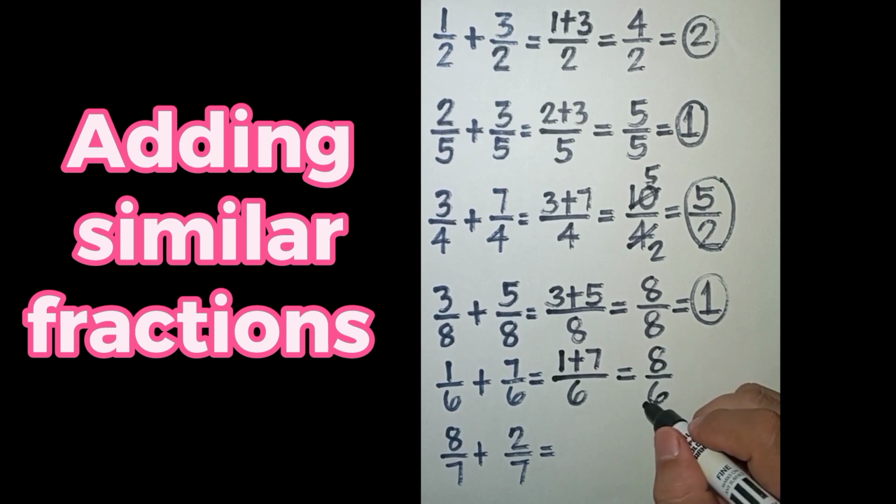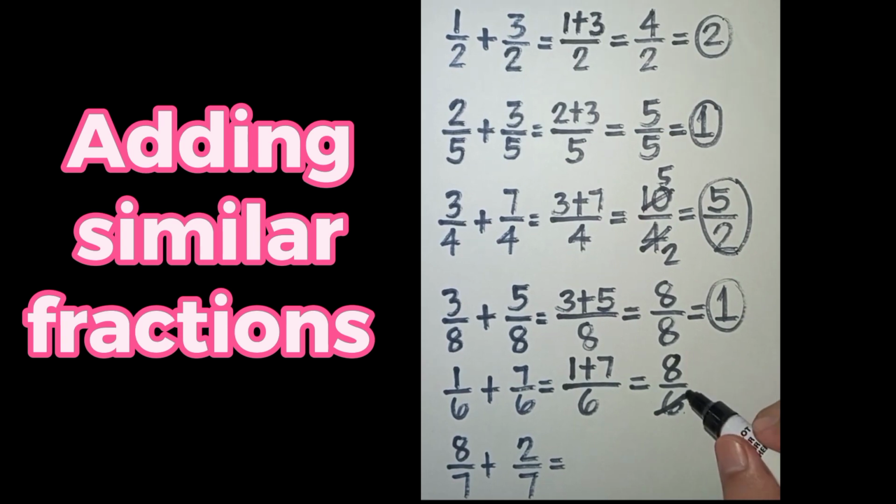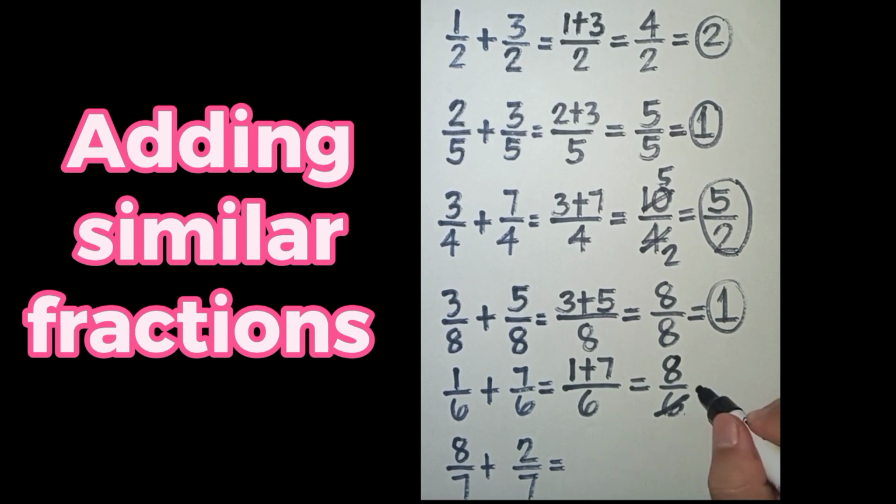So 6 divided by 2 is equal to 3. 8 divided by 2 is equal to 4. So the final answer would be 4 thirds.